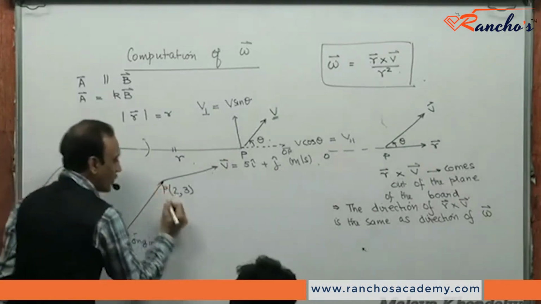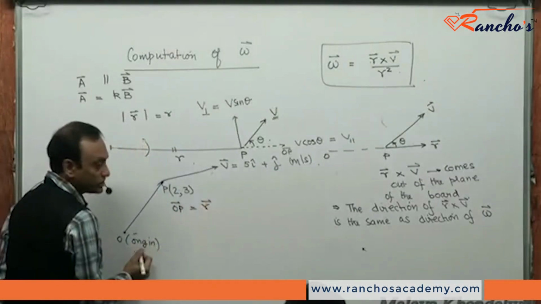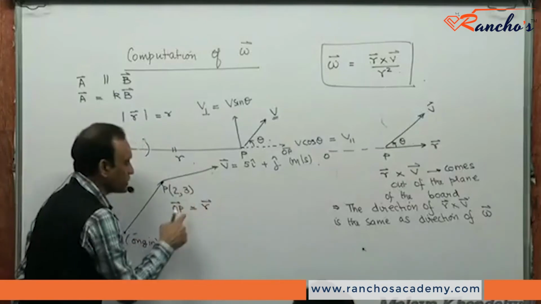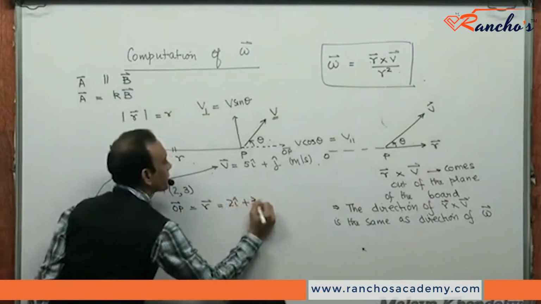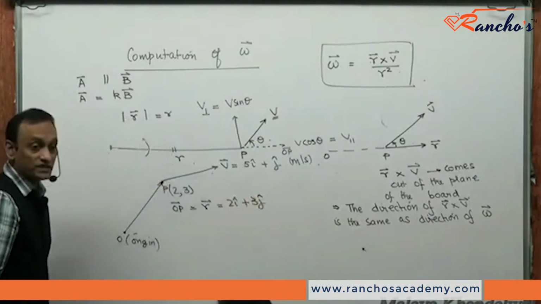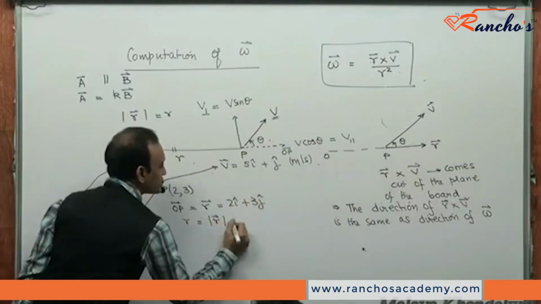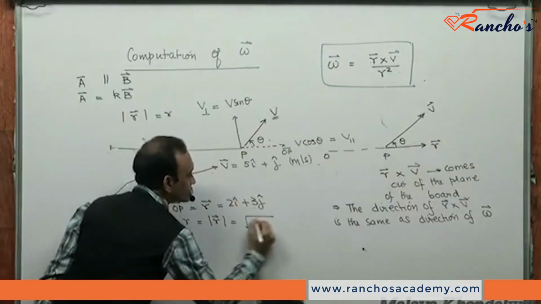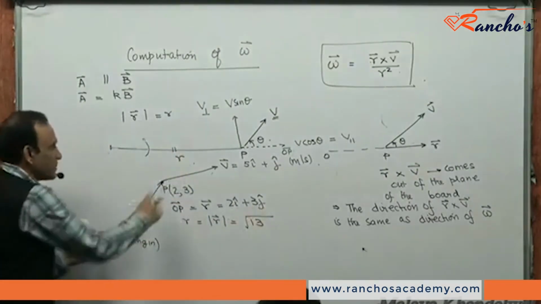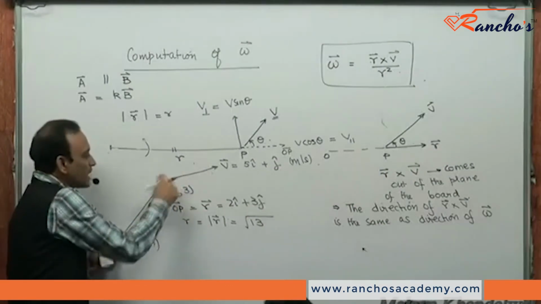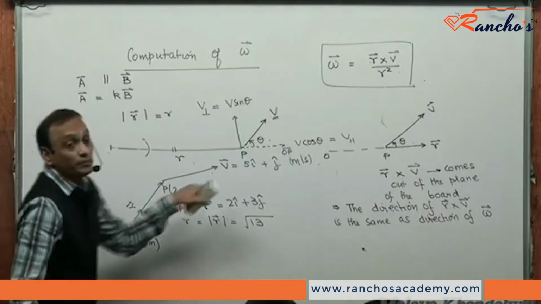Now, OP is r, the position vector of the particle as seen by the origin. If 2, 3 are the coordinates of P, what is r? 2i cap plus 3j cap. Small r is the magnitude of r, which is root of 2 squared plus 3 squared, root 13, the separation between O and P. And then, how do I compute the angular velocity?